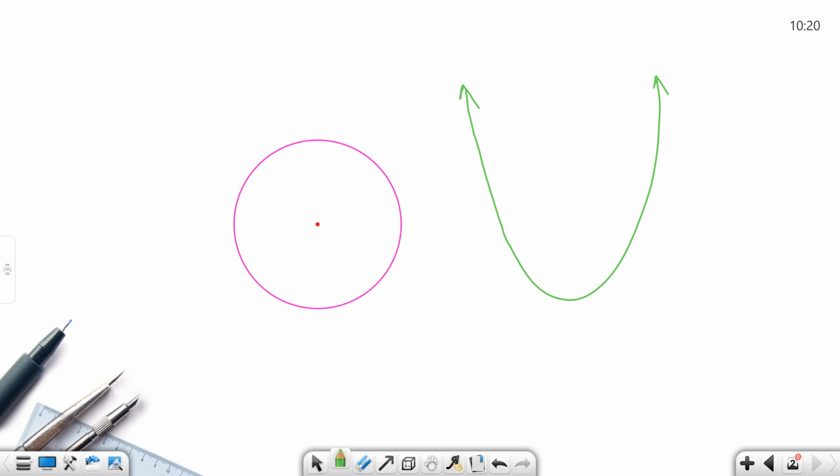Can that parabola intersect the circle in only 1 point? No. Yes or no? Riku? Oh, that's the vertex. Clarify what you were saying. I don't understand.